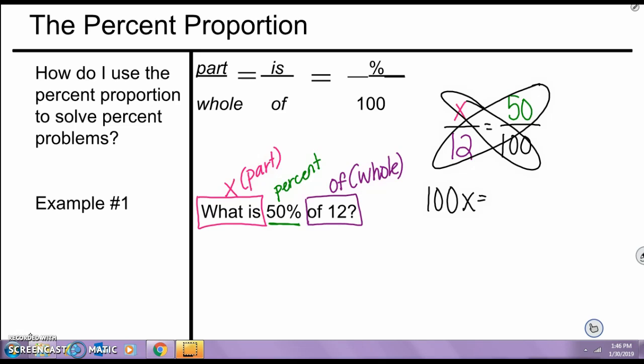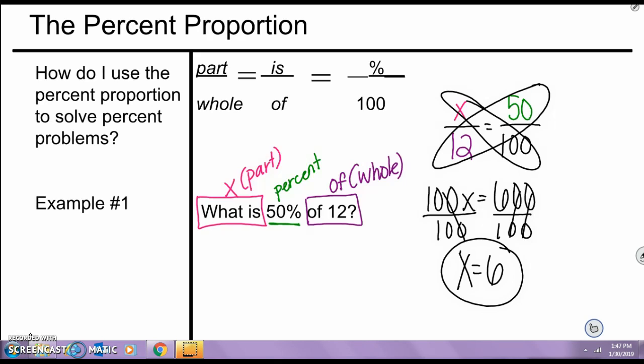Next, we're going to multiply 50 times 12, and we get 600. The opposite of multiplying by 100 is to divide by 100. We divide both sides of our equation by 100, and we have x equals 6. So that means 6 out of 12 is 50%, or 50% of 12 is 6.